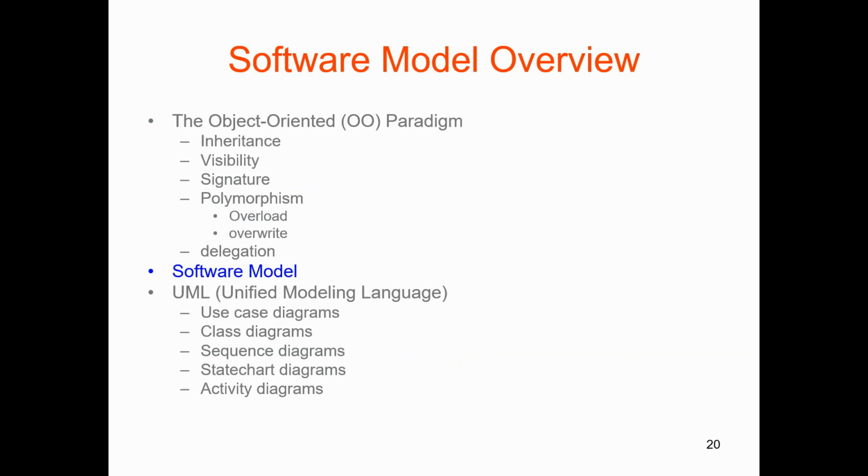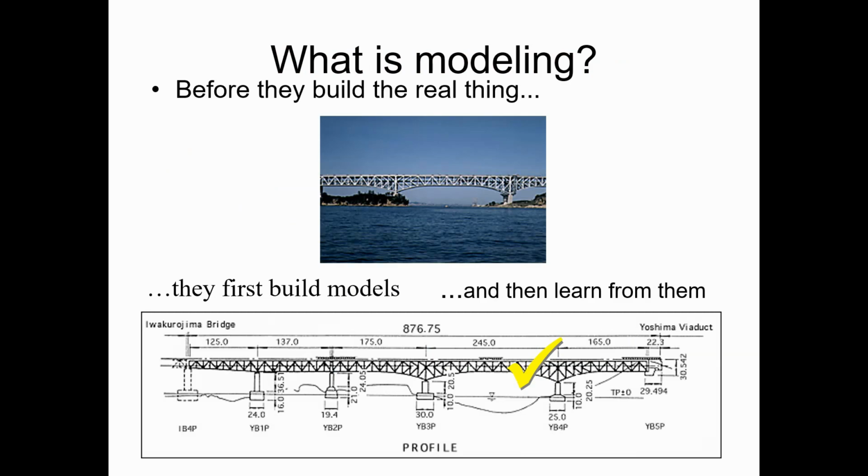Okay, the next topic is software model and the UML. First let's look at software models in general. So what is a model? Before we build the real thing, we first build a model, then learn from the model and analyze it, and the model can also drive the implementation. For example, before we build a bridge, we have a bridge design on a piece of paper.